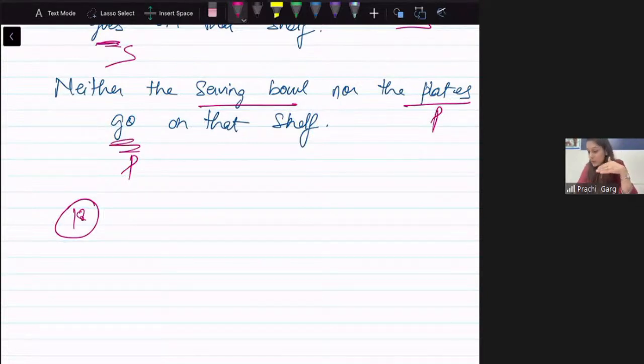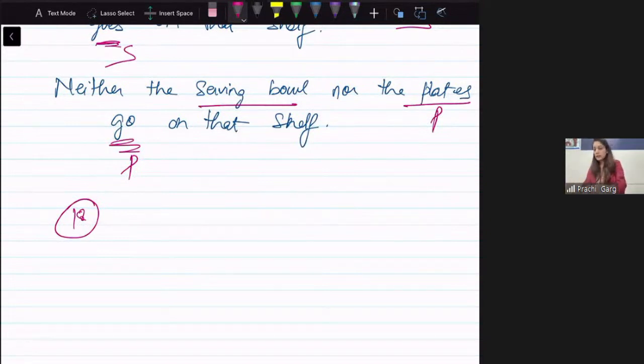Are we clear with subject verb agreement? Yes. Can I move on to the next topic of tenses? Is there any confusion that you still have? There are just three or four points left, I think, but you can manage that on your own. The major ones I have made you understand. The rest of them are quite easy to understand on your own. So I have to start with tenses now.